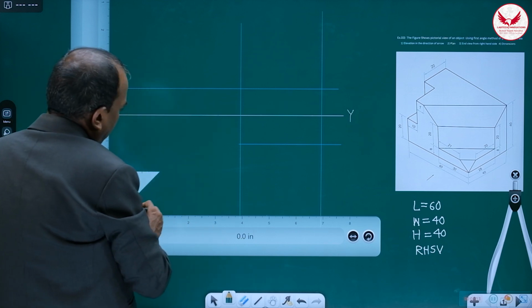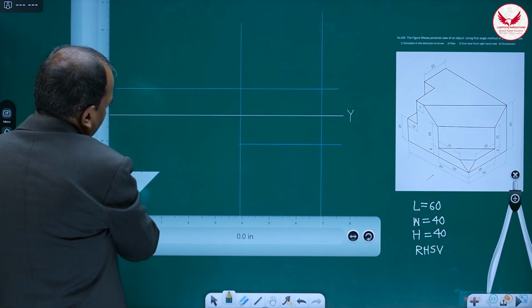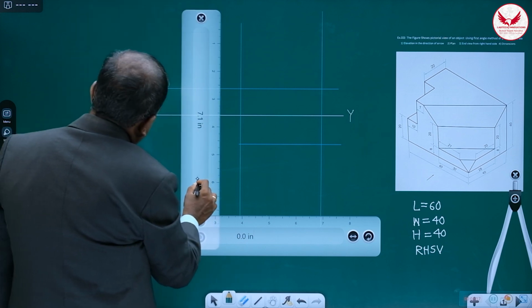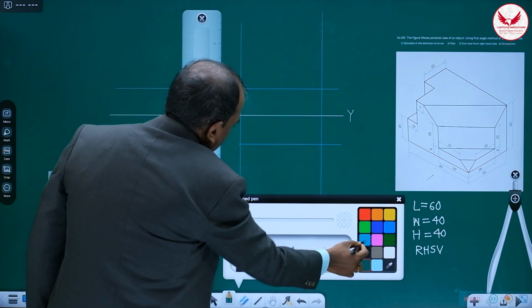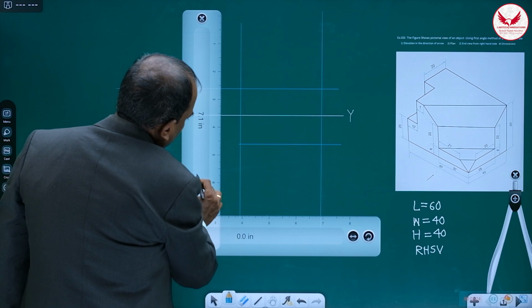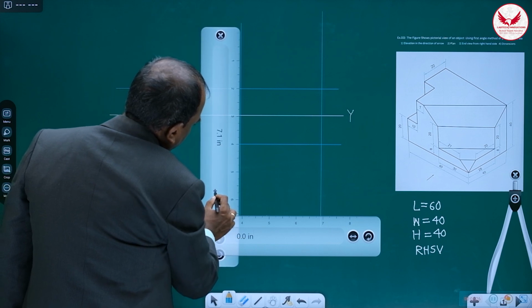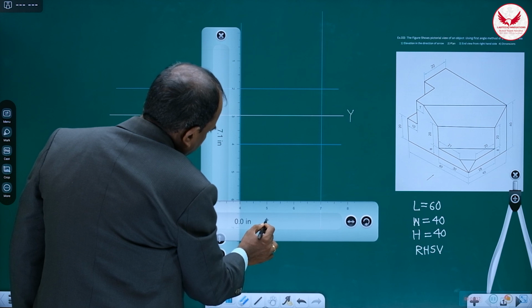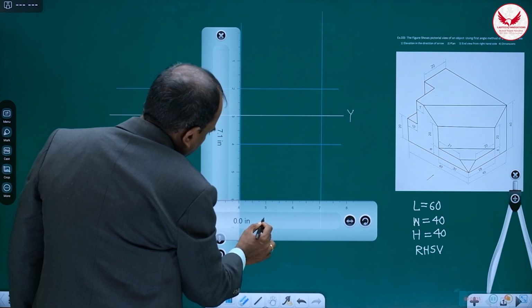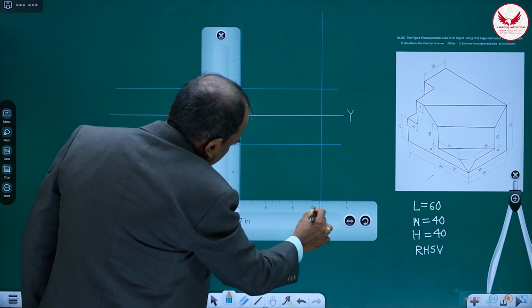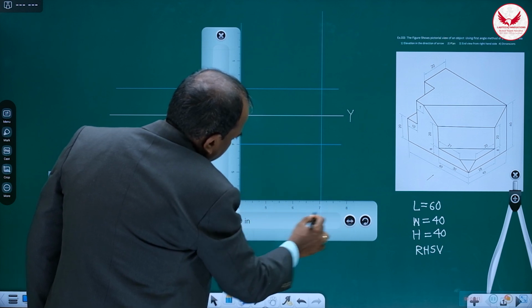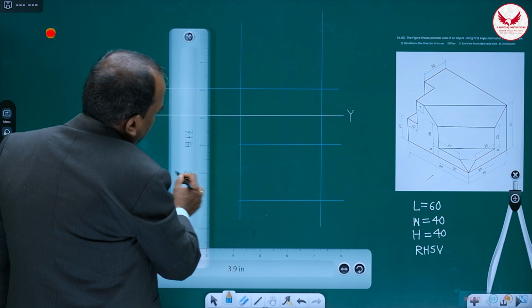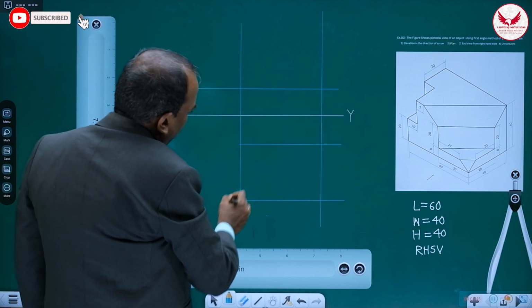Width is also 40, so 40 mm. How can you mark it? From this, 40 mm, and mark this rectangle. So this will be the block for the top view.